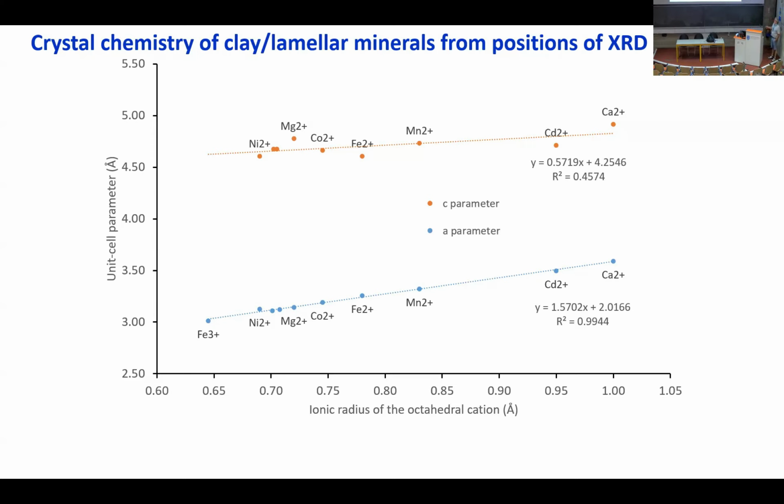If you have something between iron 2 and iron 3, and if you know that you have only iron in your system, you may also be able to have an idea of the oxidation degree of your system.